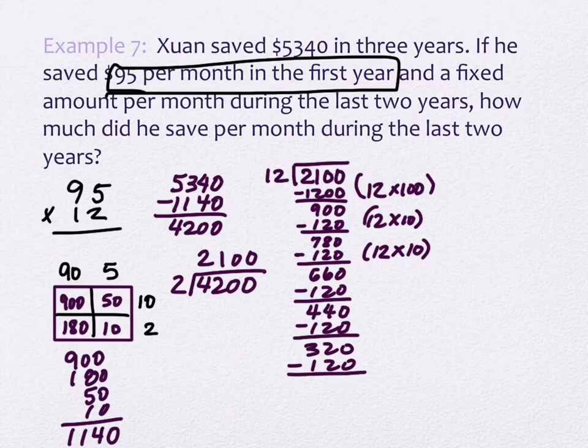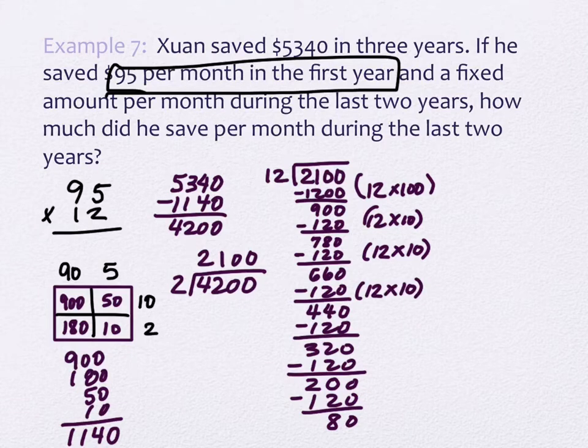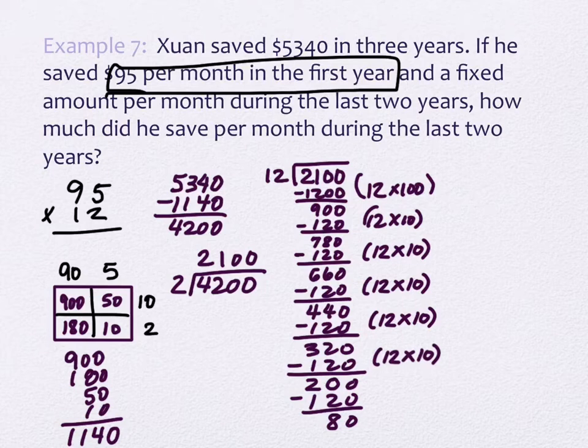This is that not terribly efficient process, right? Because there's quite a few you have to subtract. 80 is where I ended up.